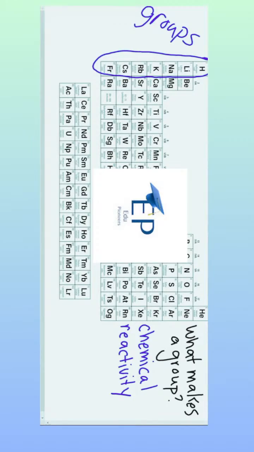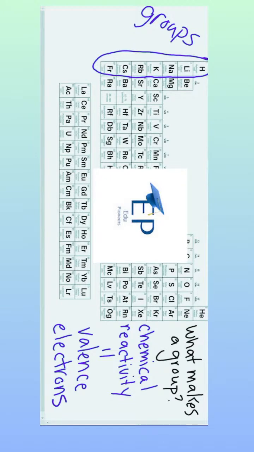Now, what is it about the element that actually controls their chemical reactivity? That is the number of valence electrons. So all of the elements in the same group are going to have kind of the same formula for their valence electrons.